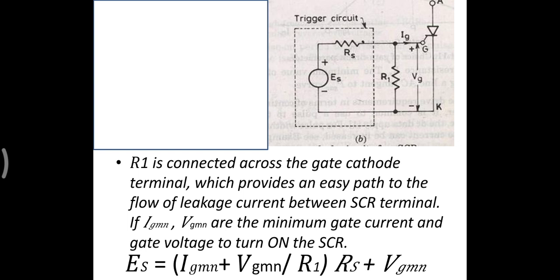This is the technique we use to get the same VI characteristics for both SCRs. By using this type of connection we can reduce the problems generated in the parallel circuit. In this way we can overcome the problem.